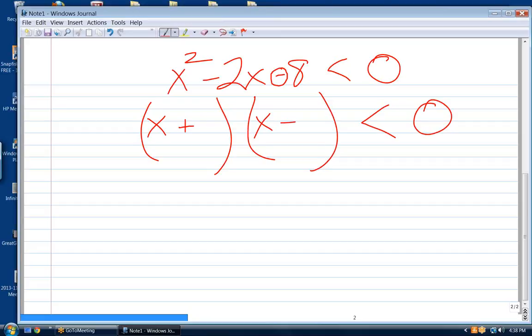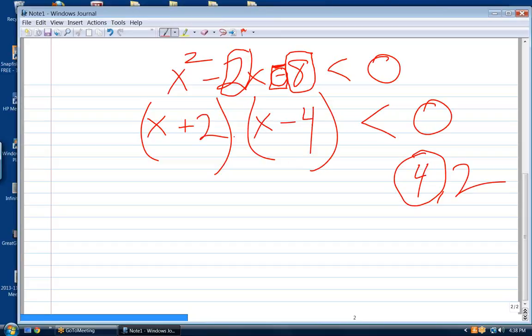Okay. That makes sense. And now we're looking for factors of 8 that subtract, because of that minus sign, to the number 2. Well, that's 4 and 2. Now put the bigger factor, 4, with the sign of the middle term. So the 4 goes there, the 2 goes there.